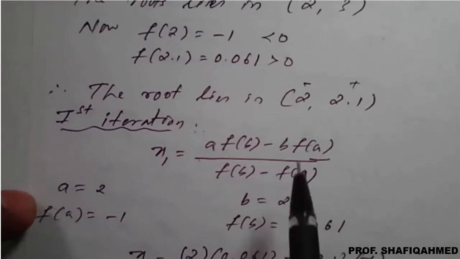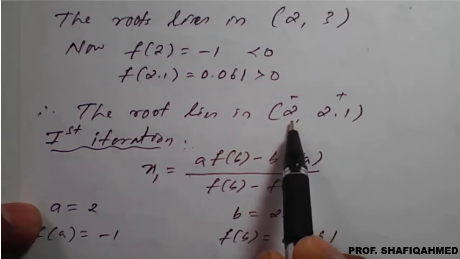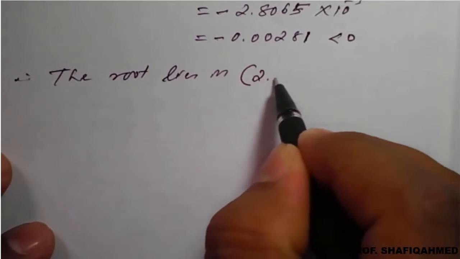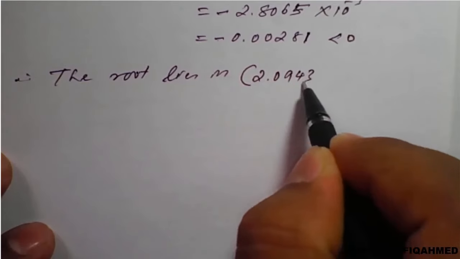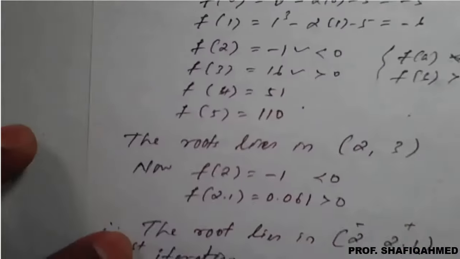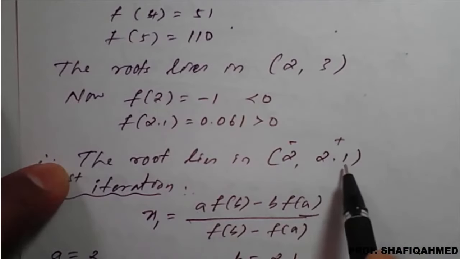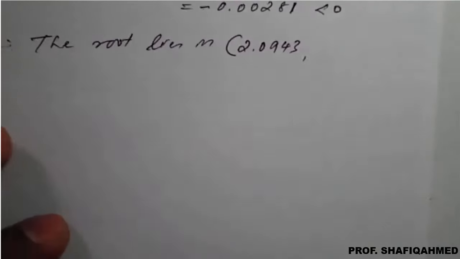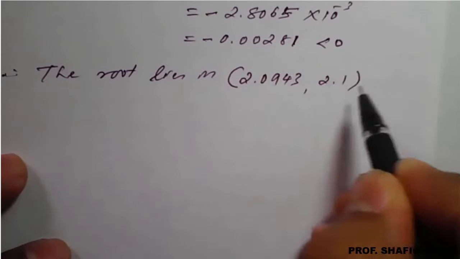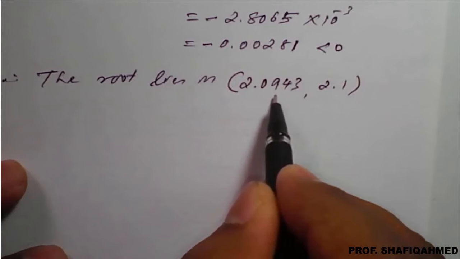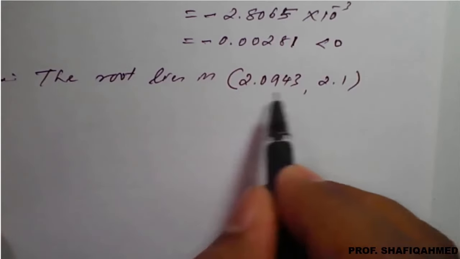So therefore in place of 2 we have to write the root as 2.0943, and in place of 2.1, because there is no change here, it will become 2.1. So this is the fresh root we got.